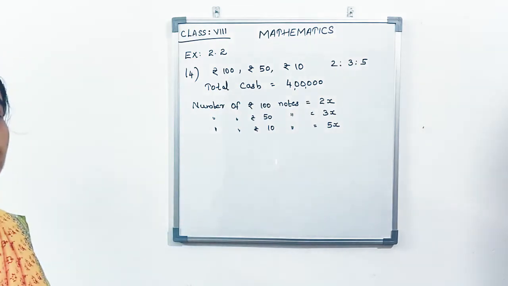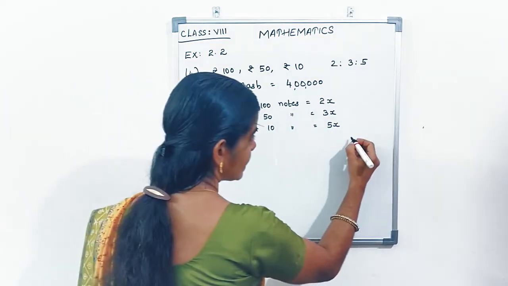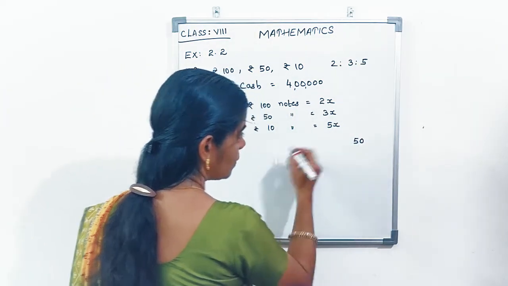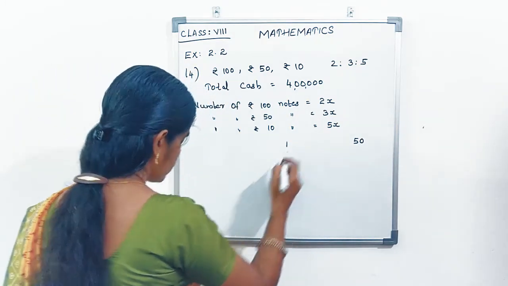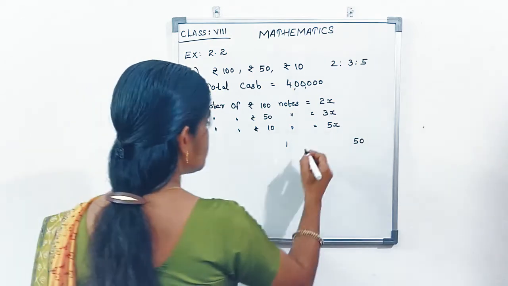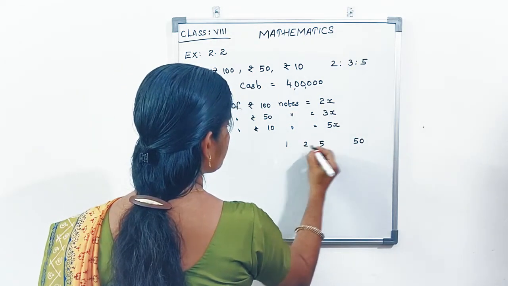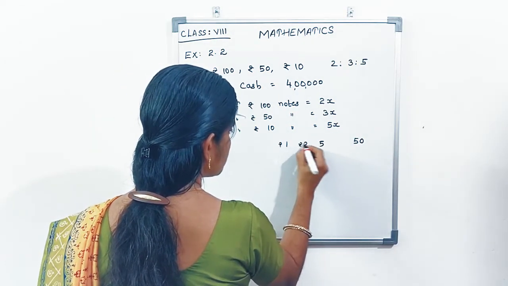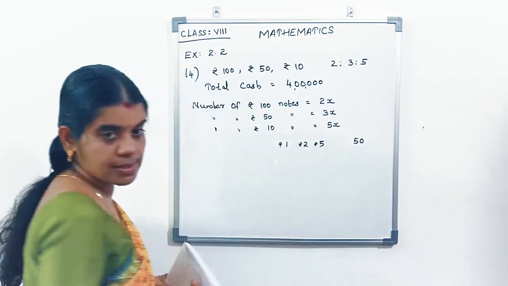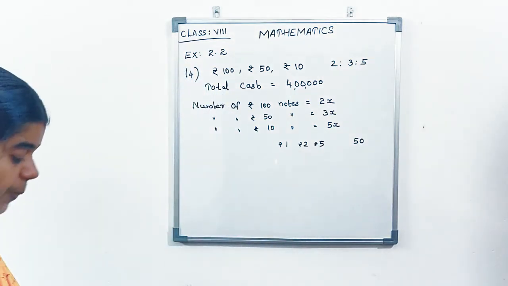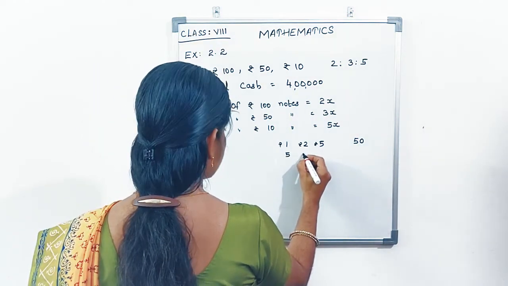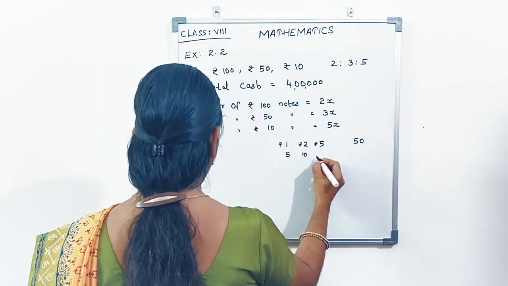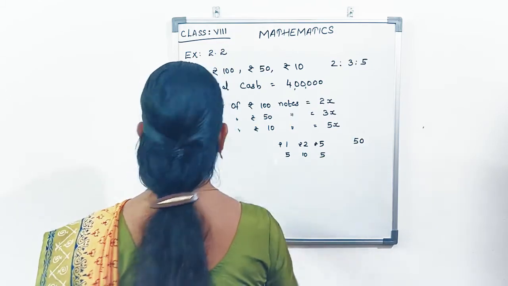Suppose you have 50 rupees with you, all in 1 rupee, 2 rupee and 5 rupee notes. You have 5 one rupee notes, 10 two rupee notes and 5 five rupee notes.